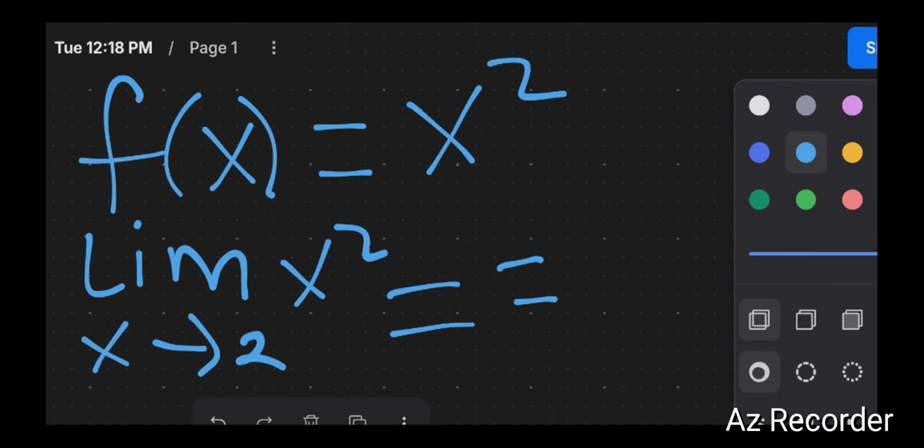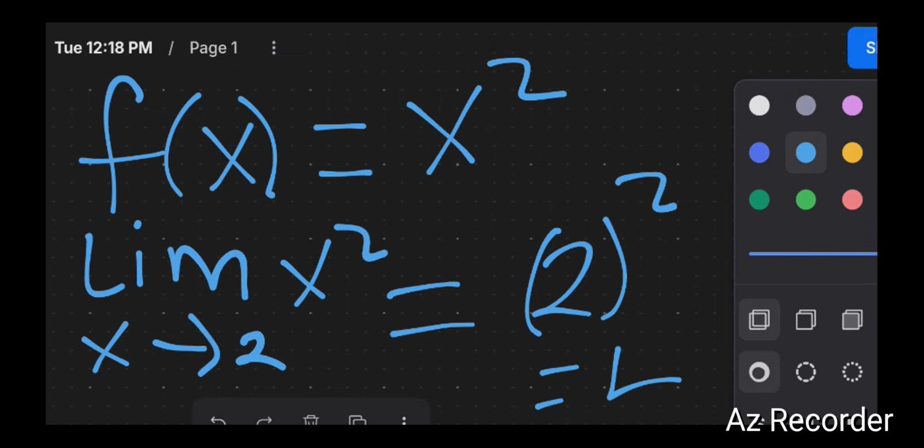This will just give us 2 all squared, which will be 4. This is how we represent or write the limit of a function mathematically. So we have a function f of x. We want to compute the limit as x approaches any point on the x-axis of that curve of that function. This is how we do it.